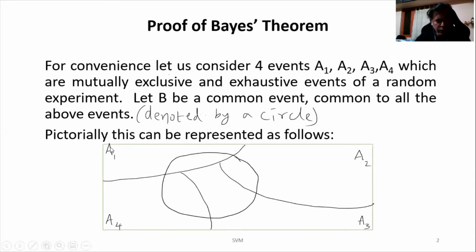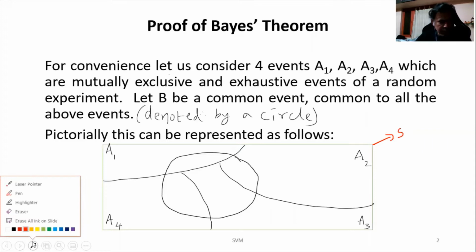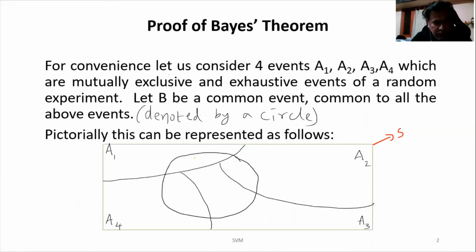So here, if you look at this picture, there is a box which is considered to be the sample space. I can call this the complete sample space. And this sample space has got only 4 events. One is this A1. Let me just mark it with some different color. This is our A1.